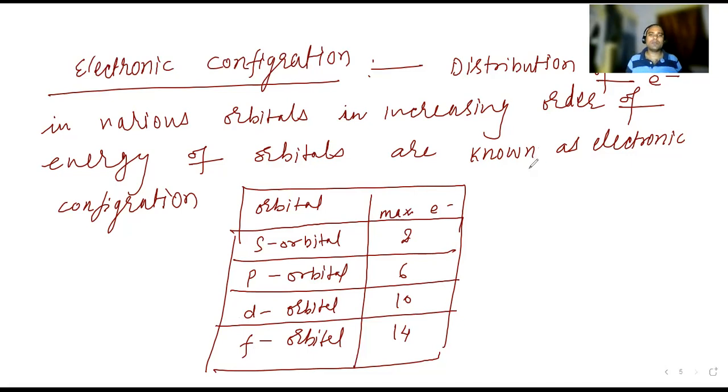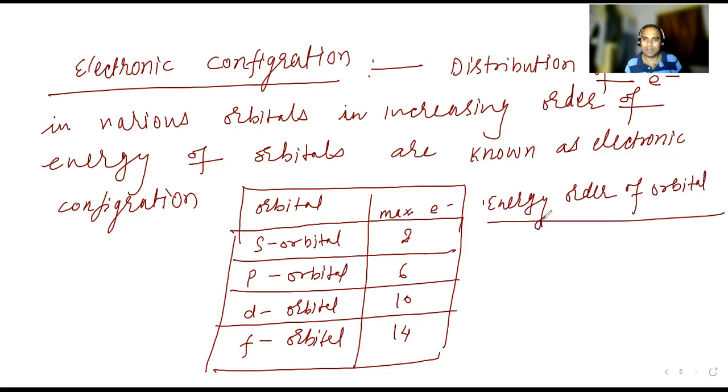Now, what is the point we have to understand? Energy order of orbitals. Firstly, 1s is there. 1s means the 1s orbital.